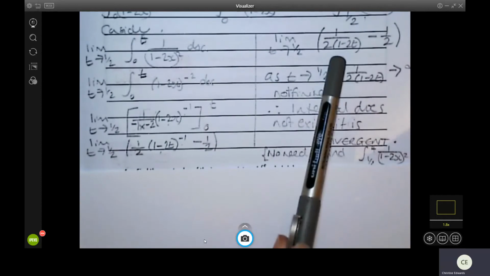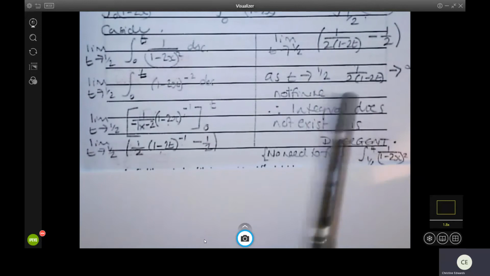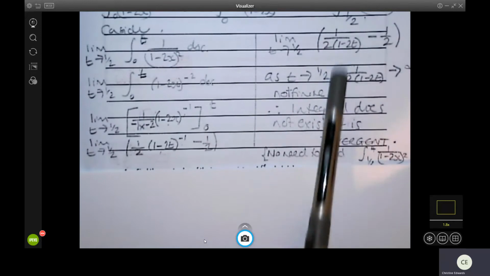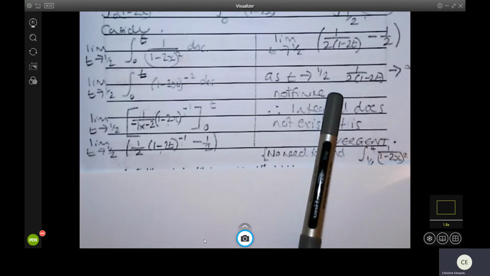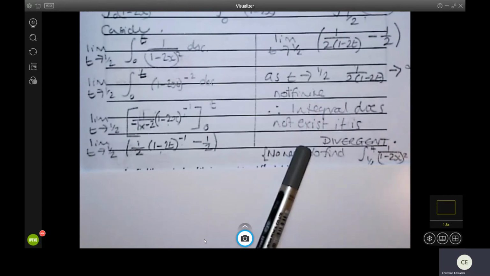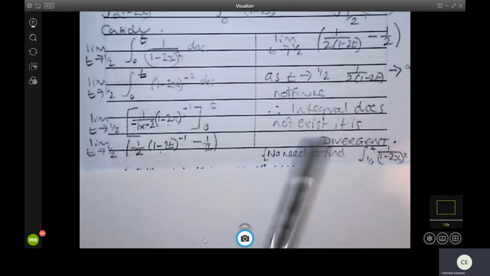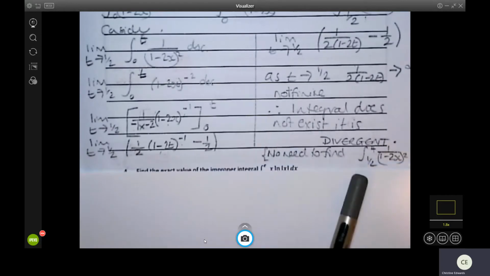I now consider the limit by letting t tend to a half. This term here tends to infinity. Therefore, I do not have a finite answer. That means the integral does not exist and it is divergent. As I have achieved this result for the first integral, I do not need to evaluate the second one because the overall improper integral is divergent.